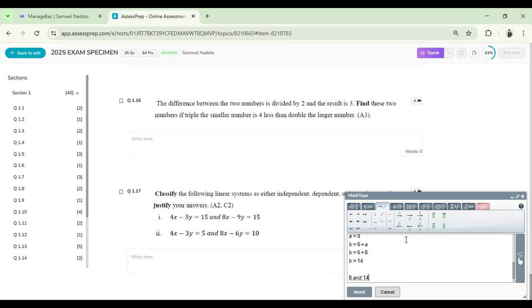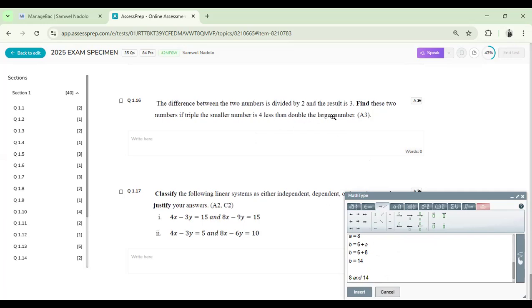Let's see. The difference between the two numbers: 14 minus 8 is 6. 6 divided by 2 and the result is 3. That is true. Then find these two numbers if triple the smaller number: 8 times 3 is 24.